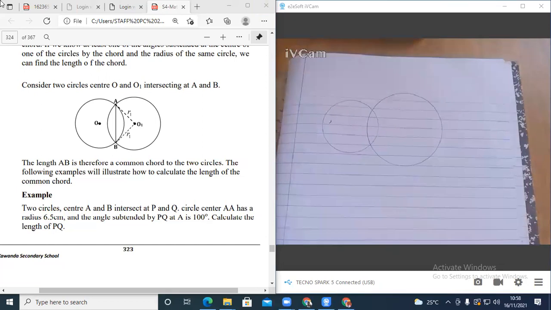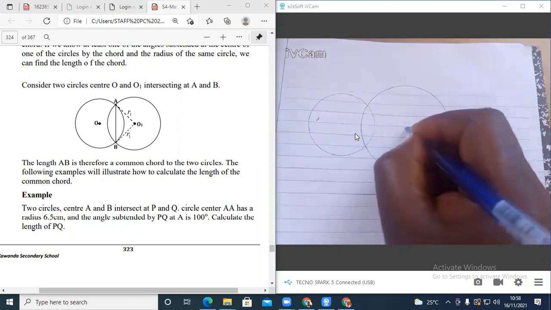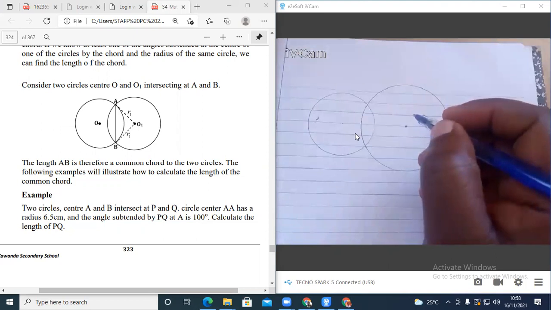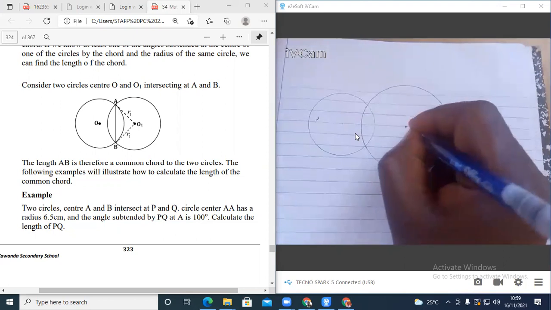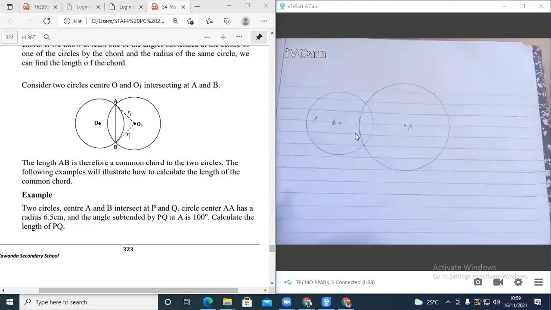Whatever it is, we shall see from there. So we have those two circles. I will take the bigger one here to be the one with center A, because it's the one I'm going to be using for calculations. So I'll take this one with A, and this one has B, like that.